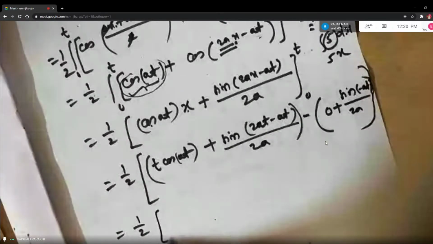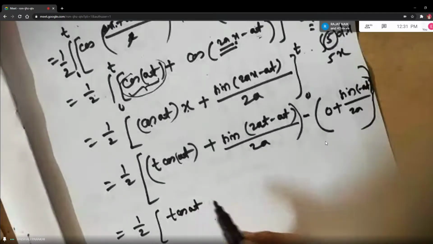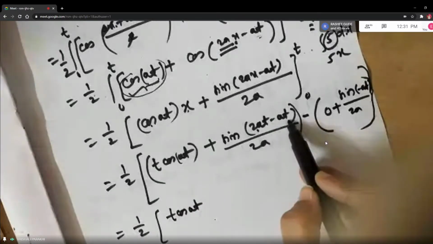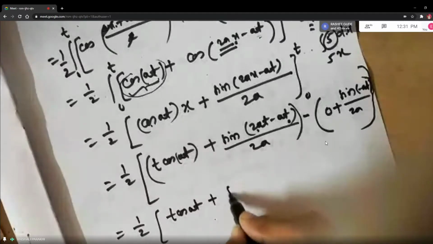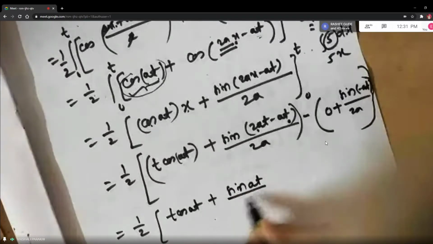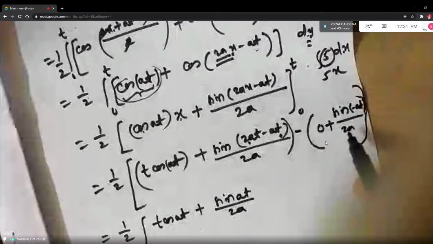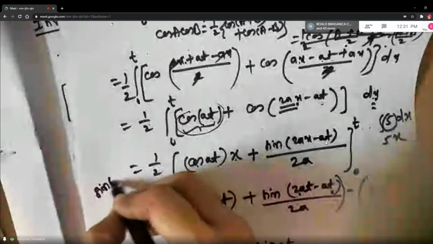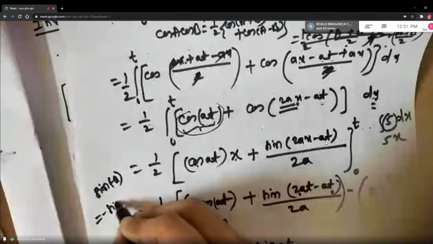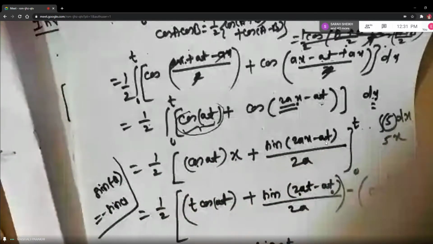1 by 2 t cos 80. Now here 2·80 minus 80 is what? 80. So it will be plus sine 80 divided by 2a. Now see, students, you know that sine is an odd function, right? What is sine of minus theta? It is minus sine theta. You know this, right? Yes. The minus sign comes out.